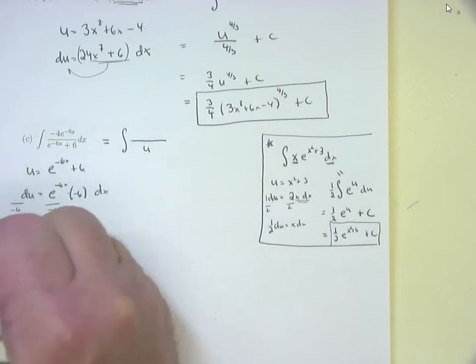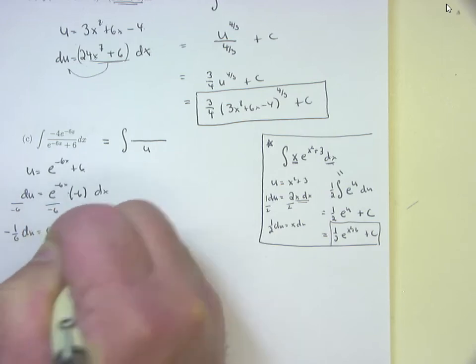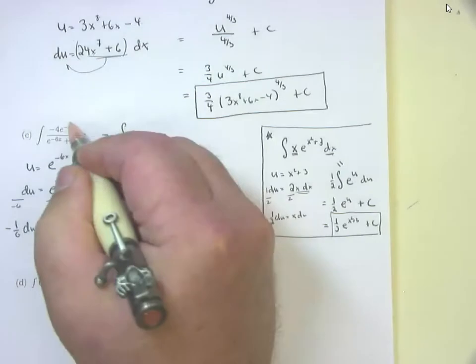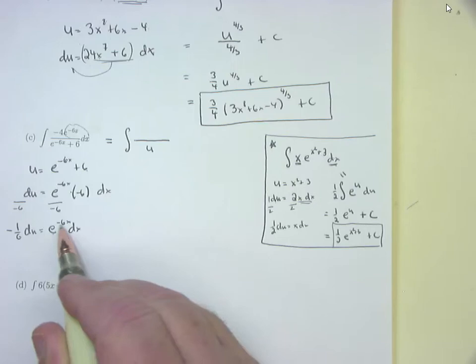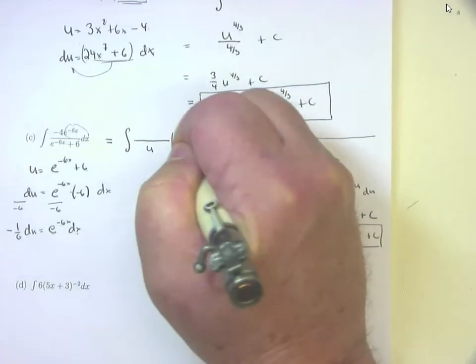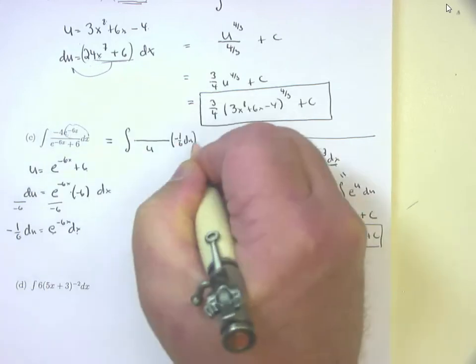This gives me negative 1/6 du is equal to e to the negative 6x dx. And that's in the problem. So I'm going to substitute e to the negative 6x dx with negative 1/6 du.